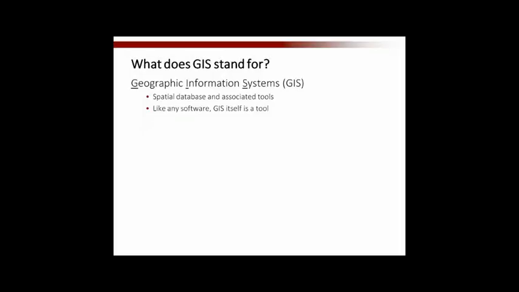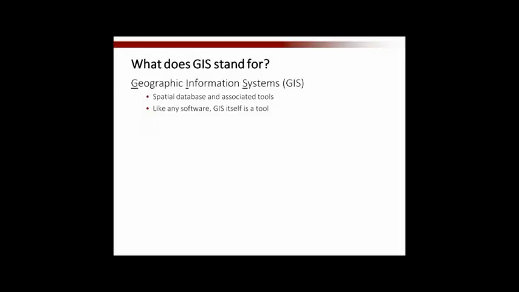The associated tools that fall under that umbrella term, geographic information systems, are a really key part of making the spatial database more robust and able to do a lot more analytical stuff than just a regular database. Some of those tools are data editing tools, data manipulation tools, there are visualization tools, there are analytical tools, and there are also modeling tools once you get to a more advanced stage.